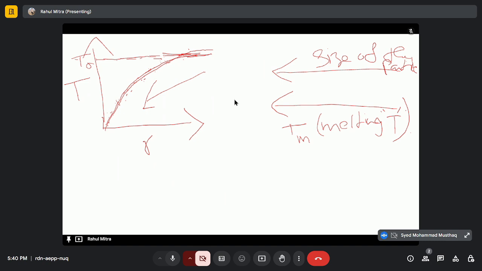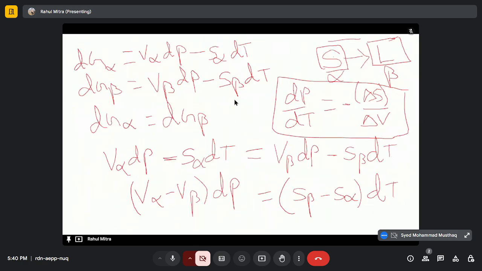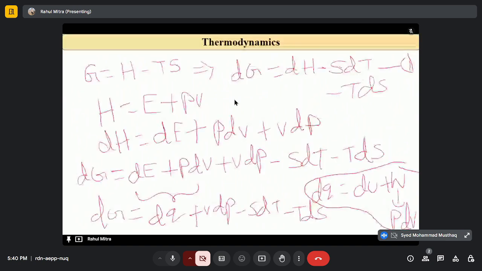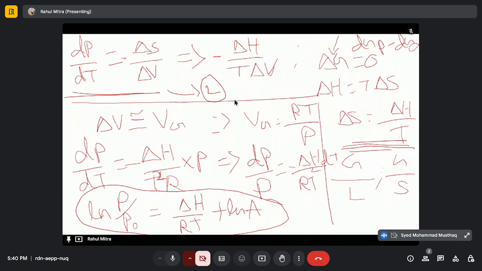And now let's move on to the thermodynamics part. There we had the Gibbs free energy derivation, where we have a Gibbs free energy equation, and from it we define the partial change in Gibbs free energy, and from there we define the Clapeyron equation, how the pressure term is going to change with temperature.